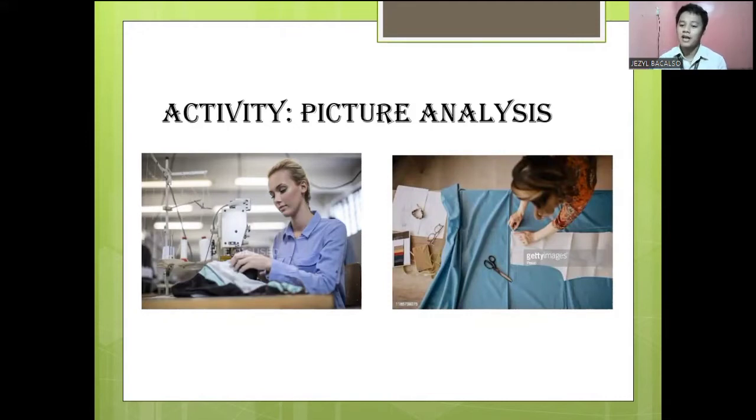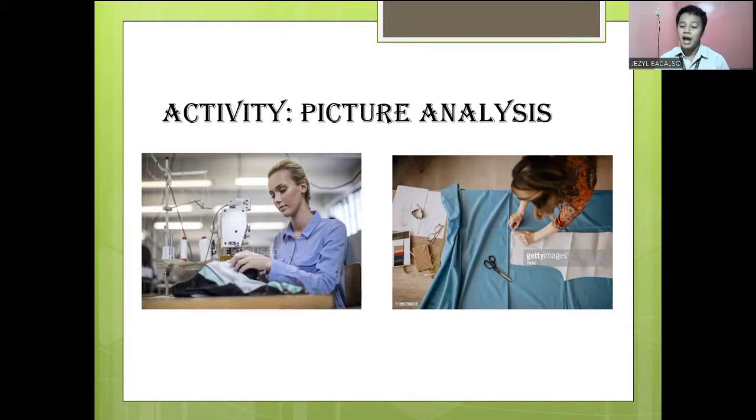So Ms. Mendoza, do you have any insights or ideas about the first picture? Very good. The picture shows a lady doing her embroidery using machine stitch or machine work. How about the second picture, Ms. Cudino? Very good.